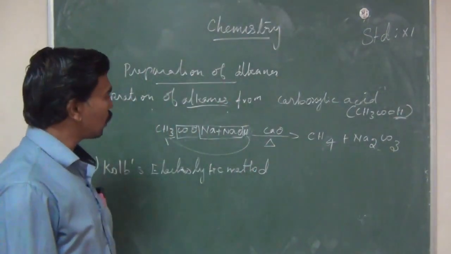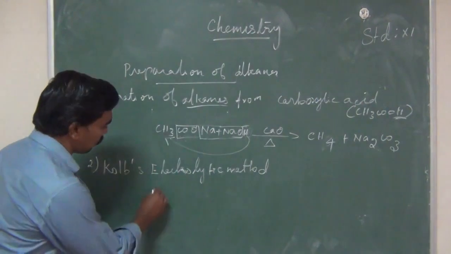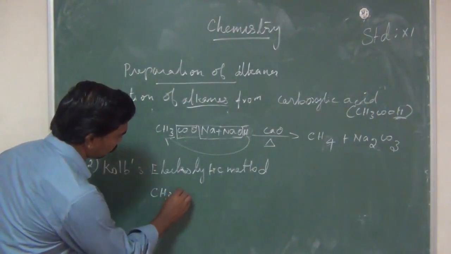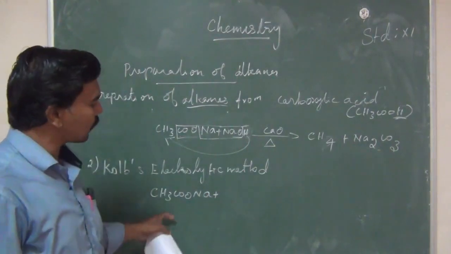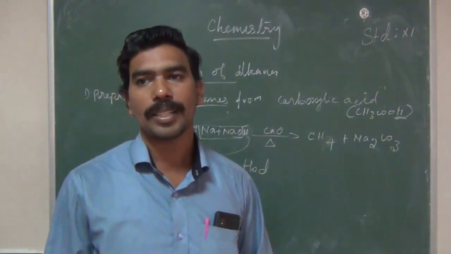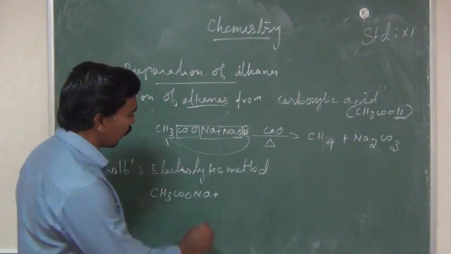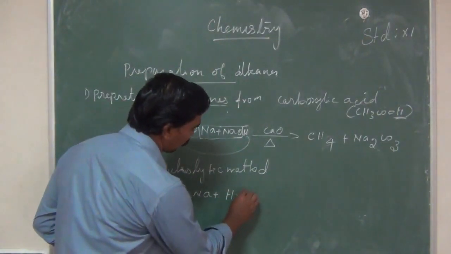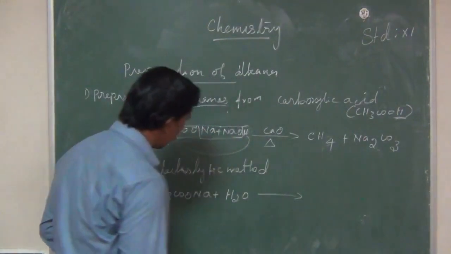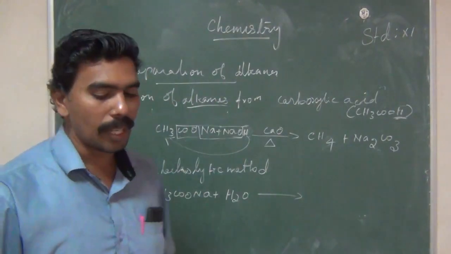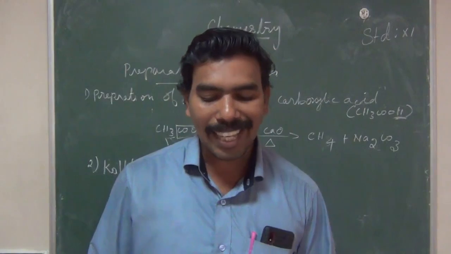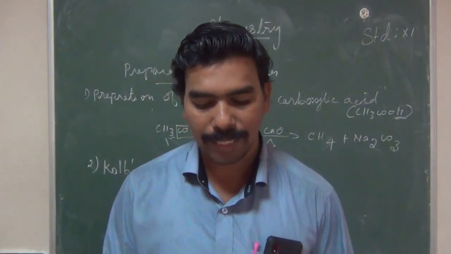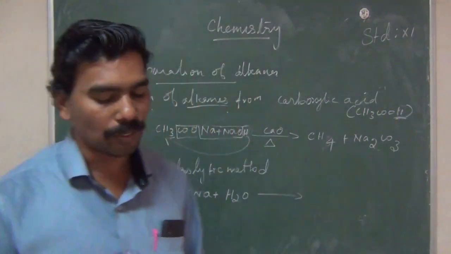The next one is the Kolbe electrolytic method. This is also the sodium acetate. When the sodium acetate undergoes hydrolysis, the hydrolysis is adding H2O. So it prepares the ethane molecule, carbon dioxide, hydrogen and sodium hydroxide.